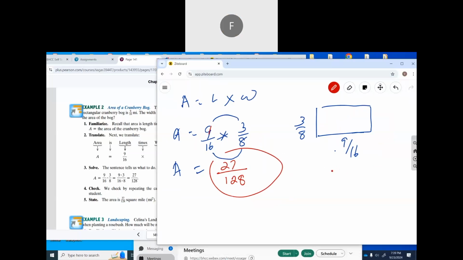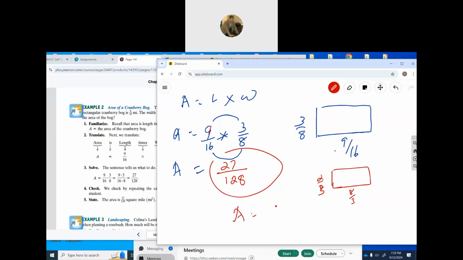Okay, and let's say if you have this one also. So this is 8 over 3, and this side is 2 over 3, right?